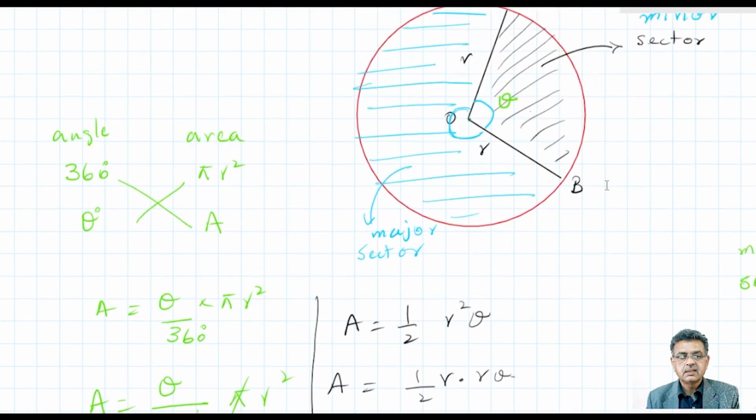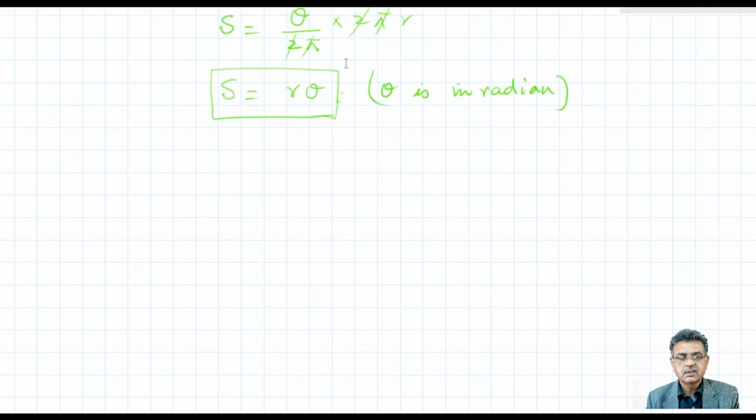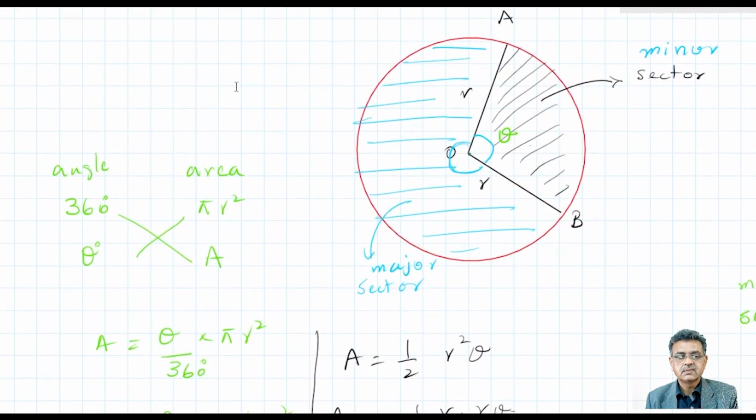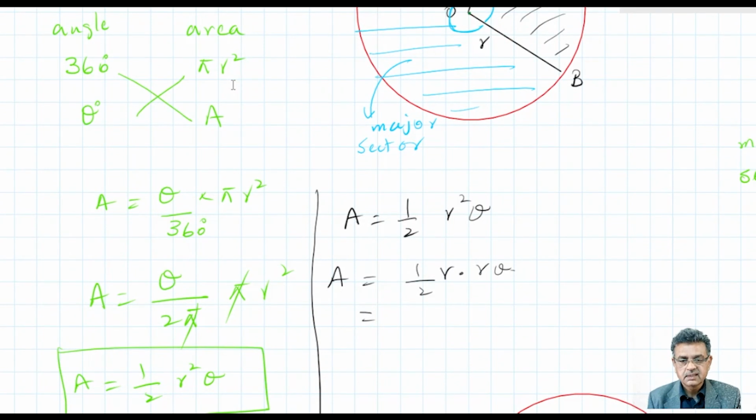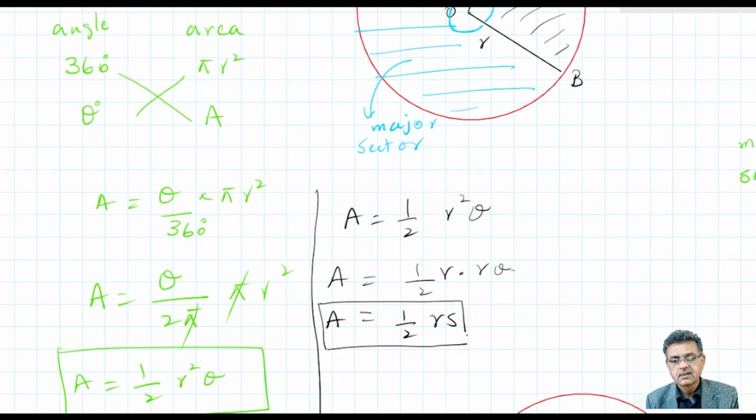Then r theta, we have proved right now that r theta is length of arc, S is length of arc. Then an alternative form of this formula we can write as half RS. This is another form of the same formula, area of sector.